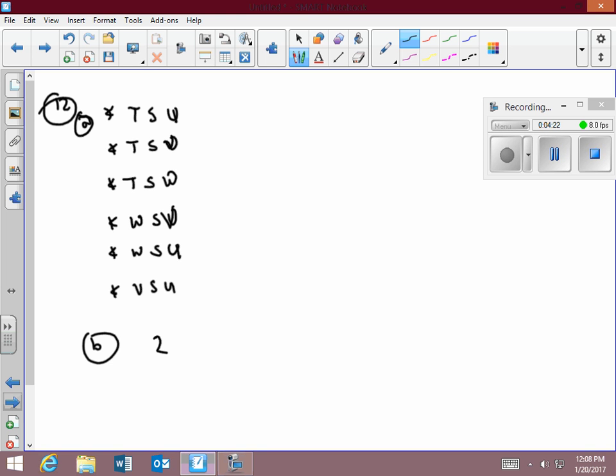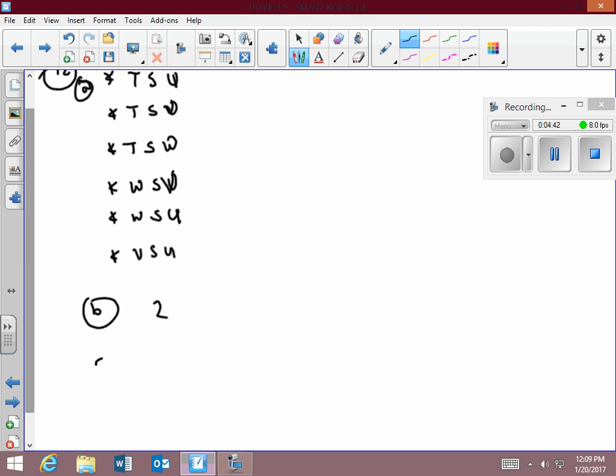How many pairs of angles are supplementary? So supplementary means what? Add to 180, right? So if you list them, you have angle TSU and what angle makes it supplementary?